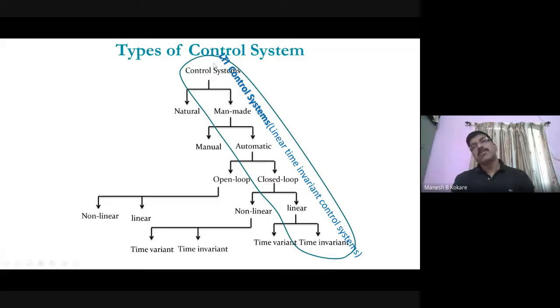A system is said to be linear if it obeys the superposition principle, and if its output does not change with time, then that is called a linear time invariant control system. As I told you, in our entire course we will be focusing more on this part of control systems.